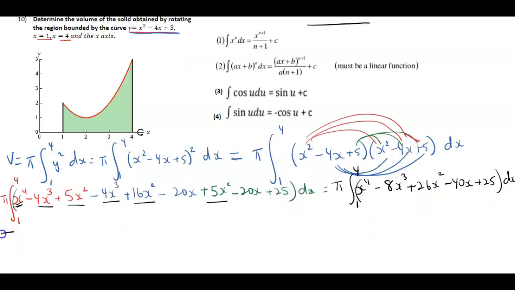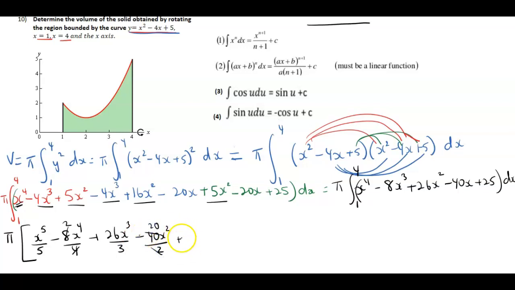Now that is just finding the square. So you see how these questions can be long, right? So then I'm going to integrate, x to the 5 on 5. This will cancel. Right, and then I'm going to put my 4 and 1 here and substitute.